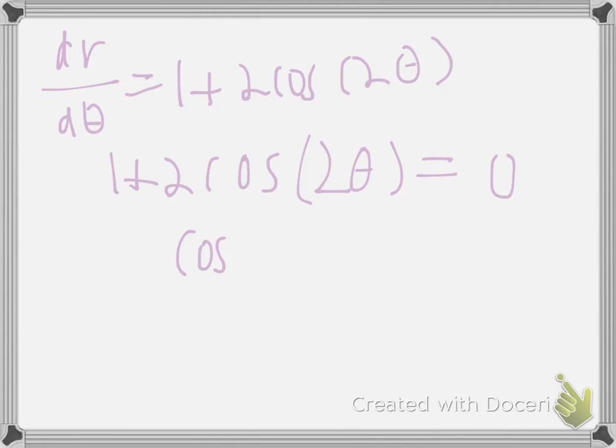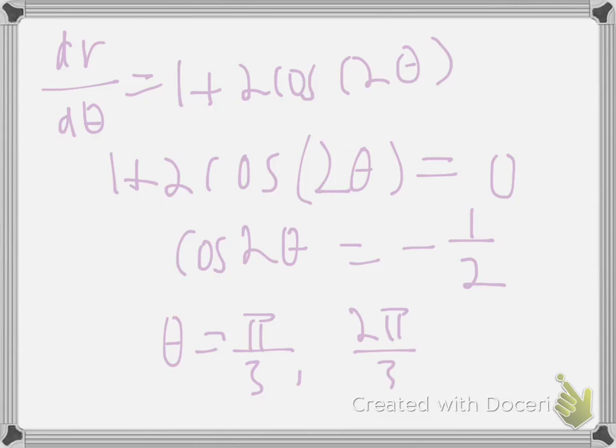And once you solve that, you have cosine 2 theta equals negative 1/2. And then we know that theta equals pi over 3 and 2 pi over 3. So with the values of theta, we can plug these values back in to a theta-r chart.